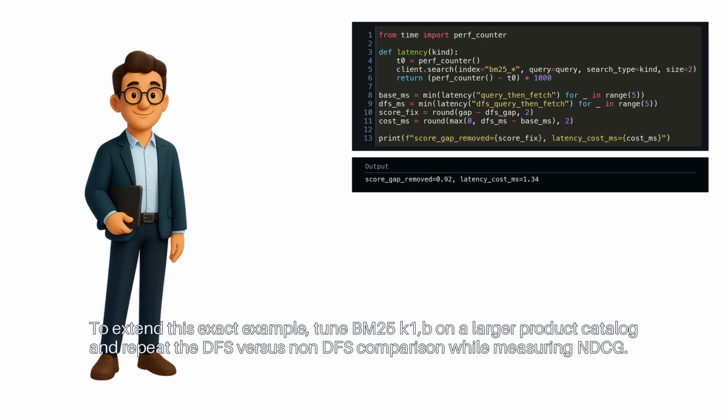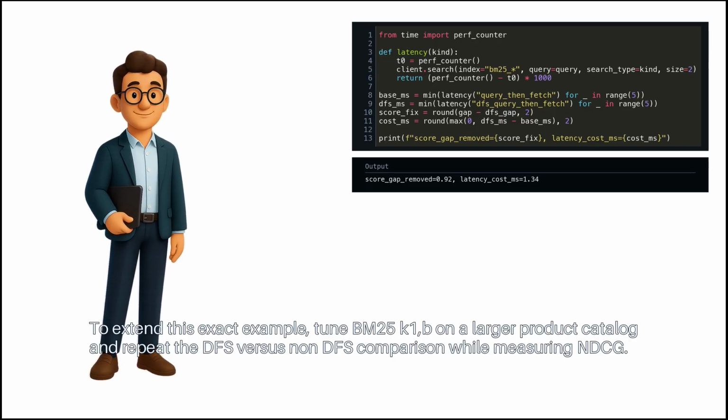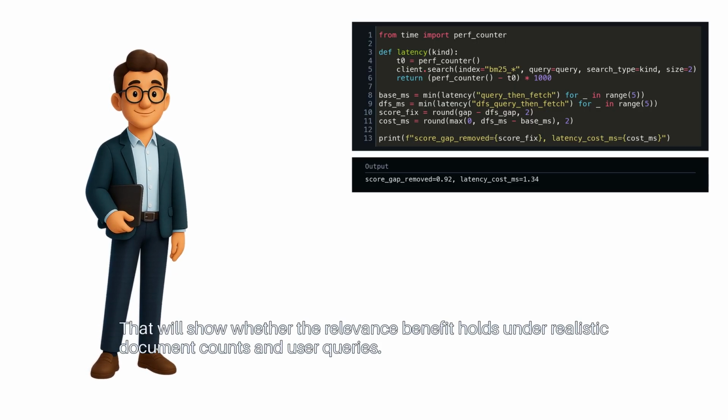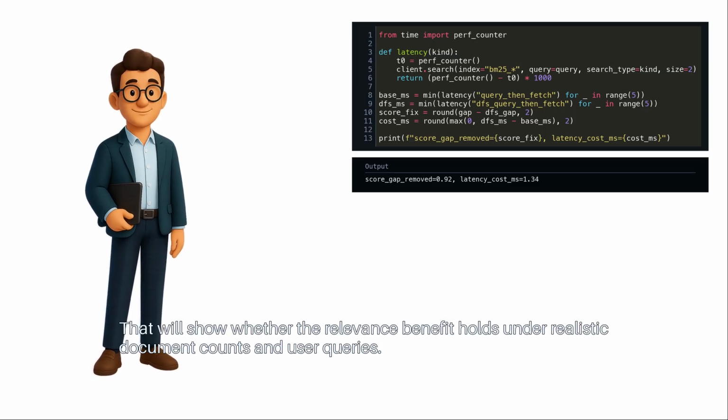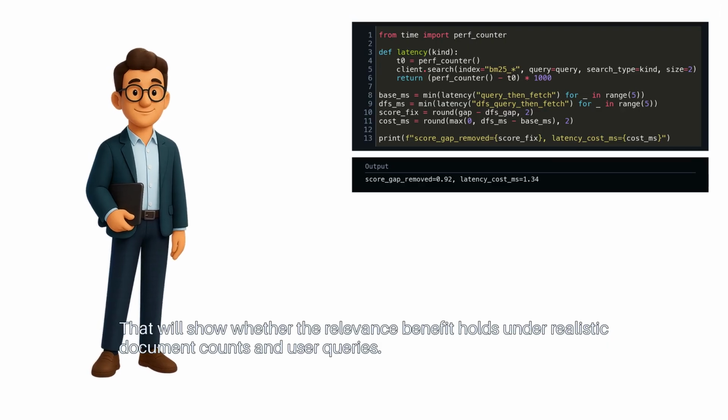To extend this exact example, tune BM25 K1 and B on a larger product catalog and repeat the DFS versus non-DFS comparison while measuring NDCG. That will show whether the relevance benefit holds under realistic document counts and user queries.